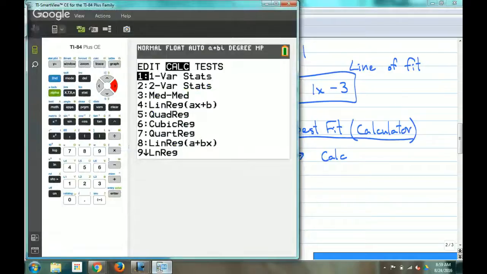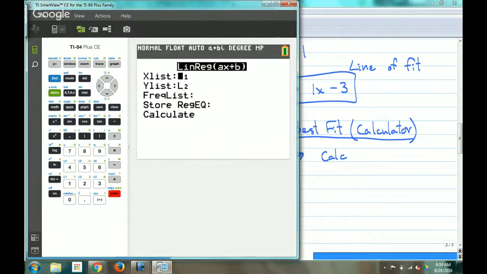And if we look there, number 4 is LINREG. That stands for linear regression. And then what that is, is a line of best fit. A linear regression. On the 84 or the 84 CE or C, whichever one you've got, when you hit enter on that one, this is going to come up.